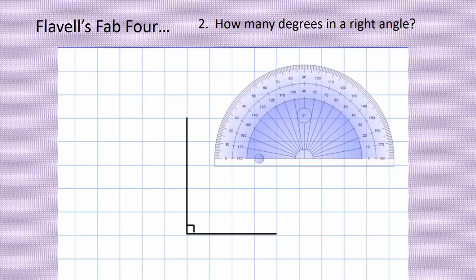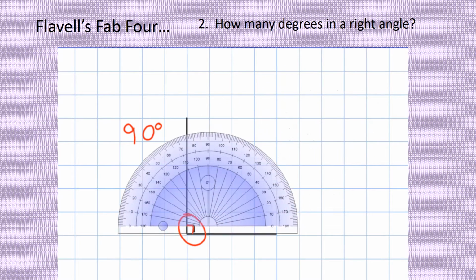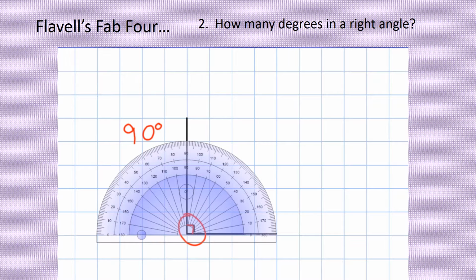Well, a right angle is an angle that you can see in the corner here, often marked by the little square, and it is a 90-degree angle. And the proof here is when I put my protractor onto the corner, let's measure it up, and as you can see, it measures 90 degrees on the right angle.